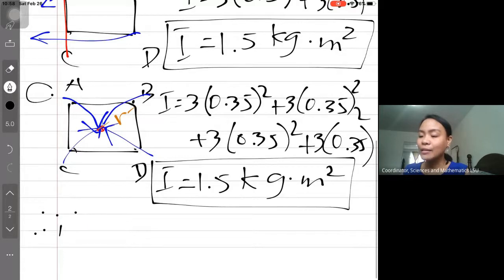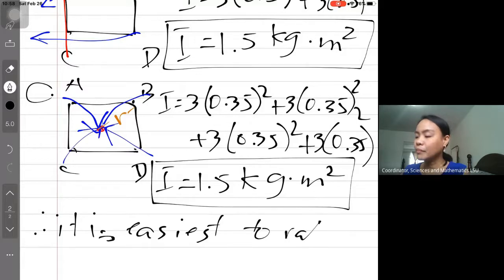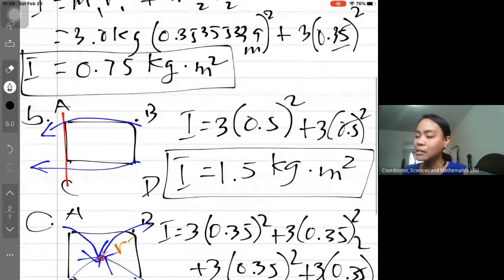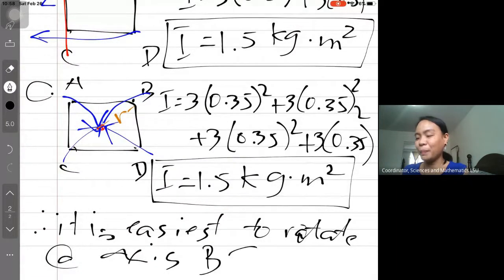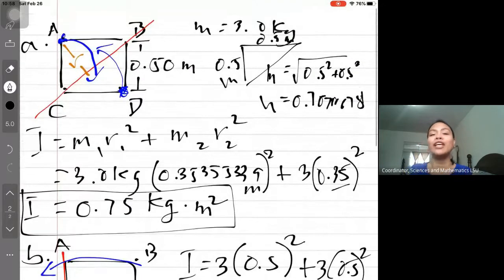Therefore, it is easiest to rotate at axis, what was the axis? At axis A, because it only has 0.75 kilogram meter squared moment of inertia.